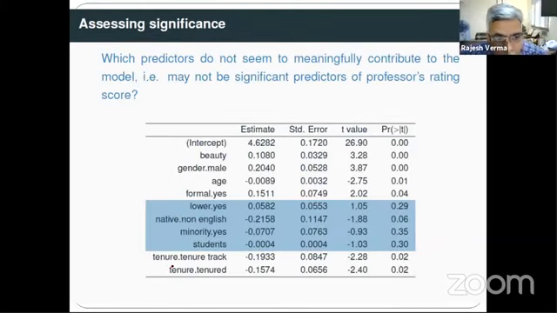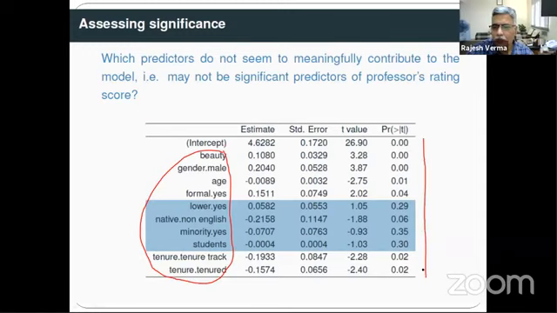This is a multiple linear regression model, an example where a professor's rating has been modeled on various explanatory variables like this. And on seeing this table, you see that the p value is also given. But the p values shown in this shaded area are very high.